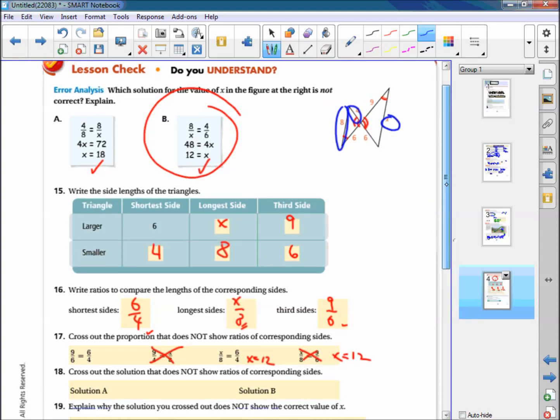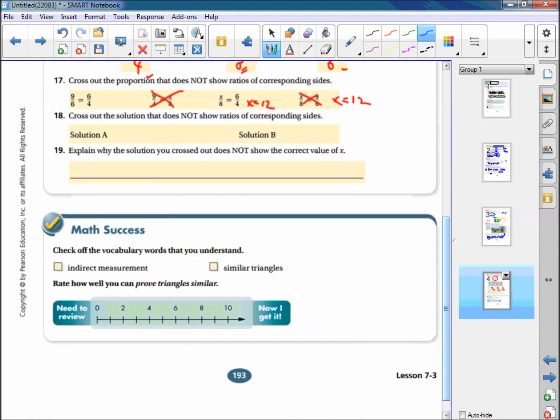So this is just not going to work. All right. So solution A is bad. Explain why the solution you crossed out does not show the correct value of x. You could say something like they didn't do the ratio of the corresponding sides correctly. So A does not show the ratio of the corresponding sides correctly.